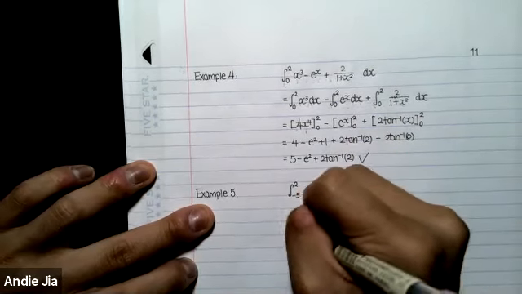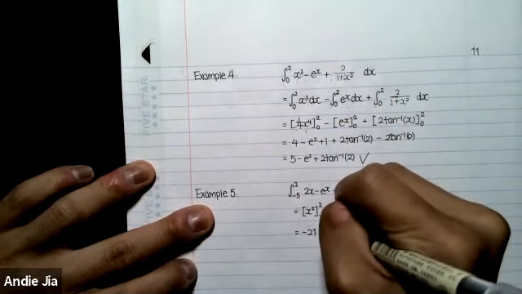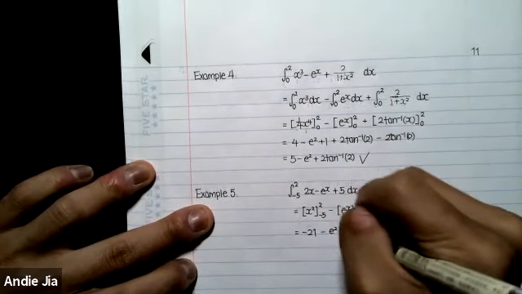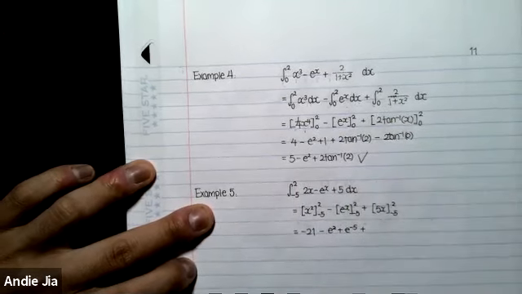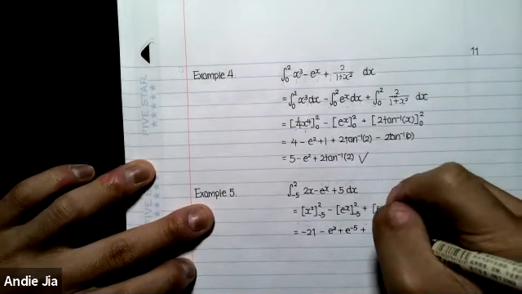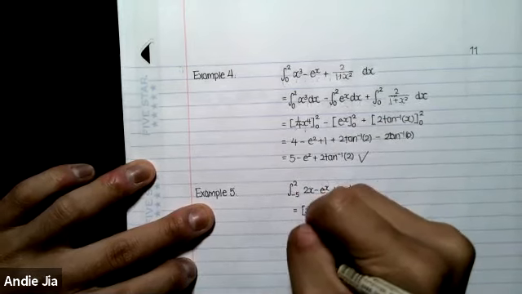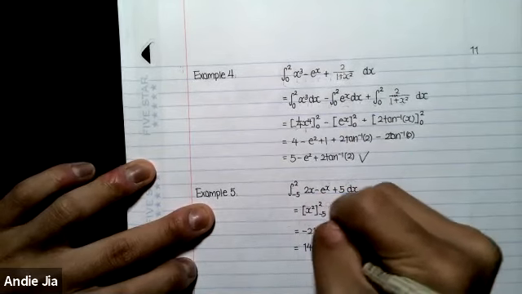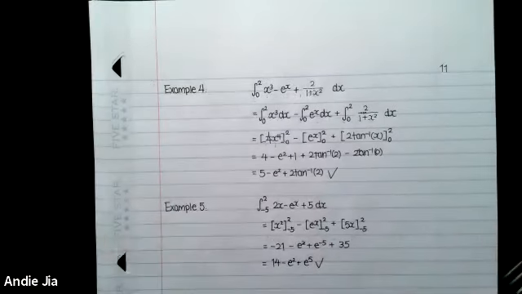It's going to be negative 21 minus e squared plus e to the negative 5, plus 35. We have 14 minus e squared and plus e to the 5th. That is the answer.